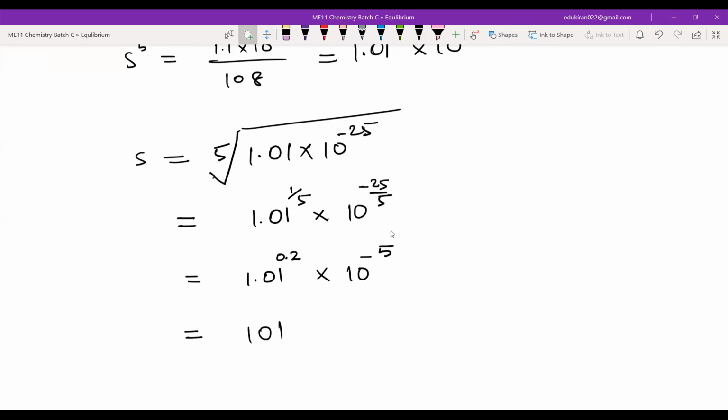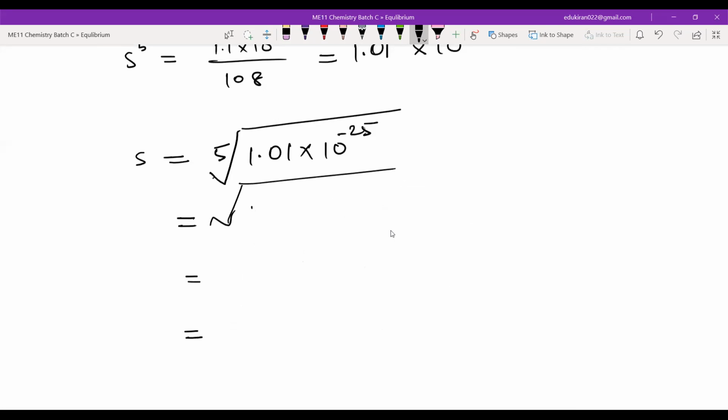I should have done this earlier only. Can I do this now also? Is there any problem in doing this right now? Wait a second. Let me just clear this out. And I will write this as root of 101 into 10 to the power minus how much?